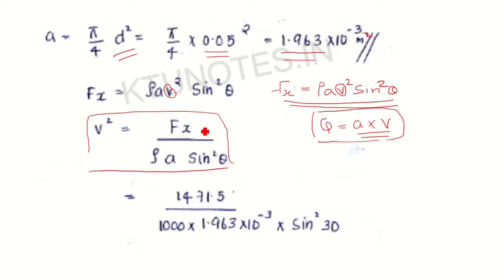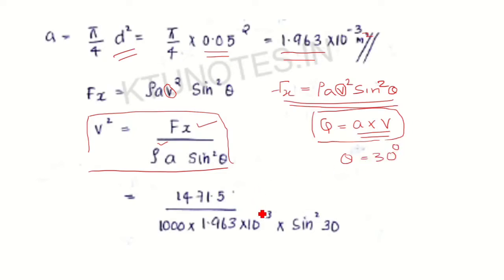Here all the values are known. F of x is already given, density is 1000, area is already obtained, 1.963, and theta is equal to 30 degree, which is given in the problem itself.